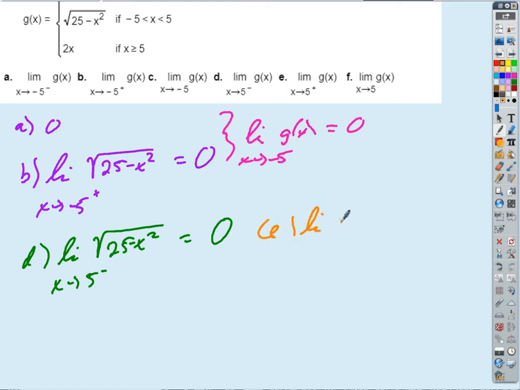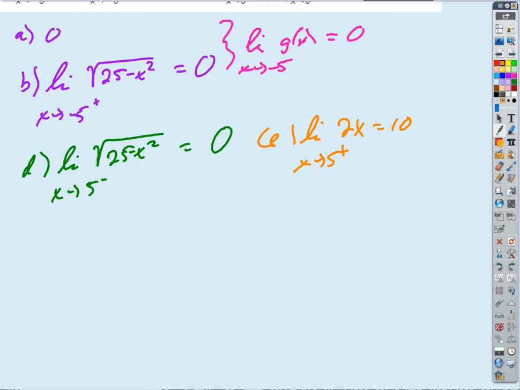I'm on the bottom part now, so I'm using 2x for my function. That equals 10. 10 and 0 give me different answers, so what does that tell me about part F? The limit does not exist. As we approach 5, it doesn't exist. DNE. Make sense? Yeah.